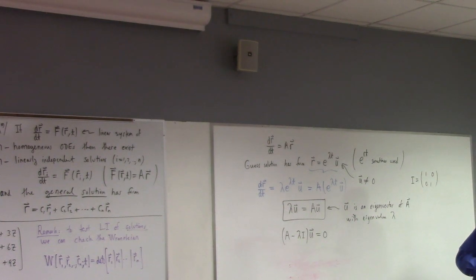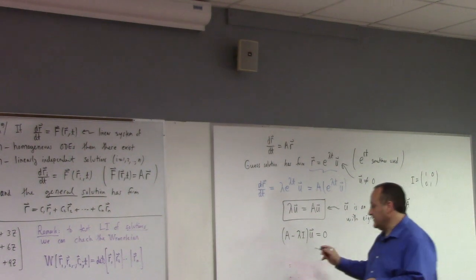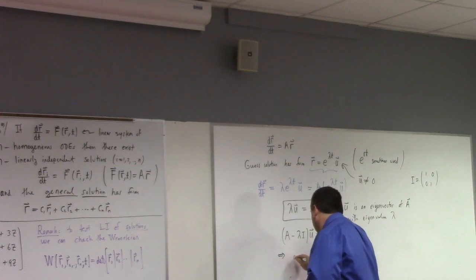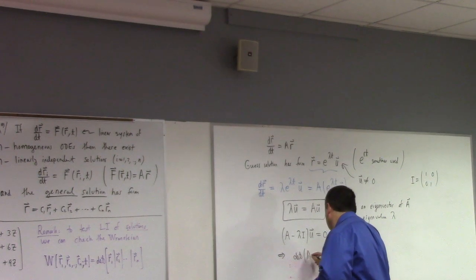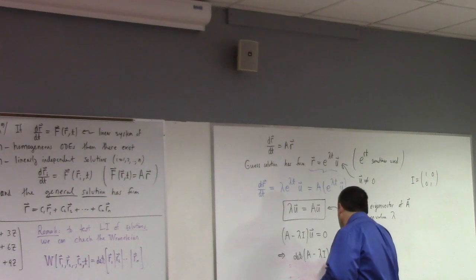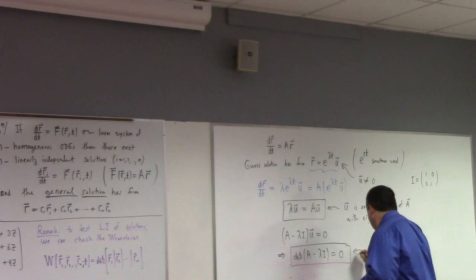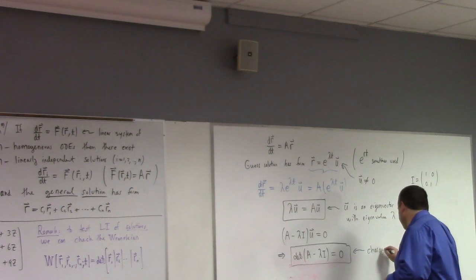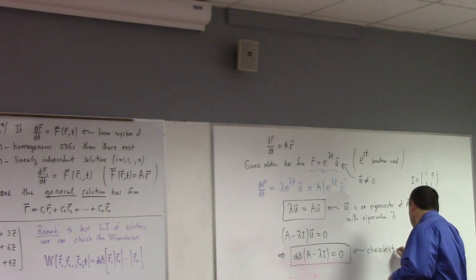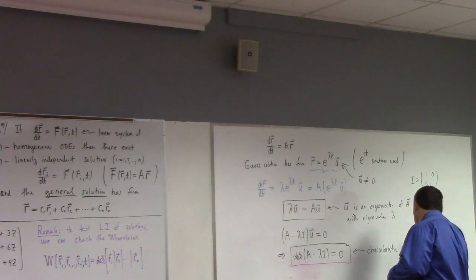If that's the case, from the theory of linear algebra, that implies that the determinant of A minus lambda I has to be equal to 0. This, my friends, is the so-called characteristic equation. And so the way this works is the following.